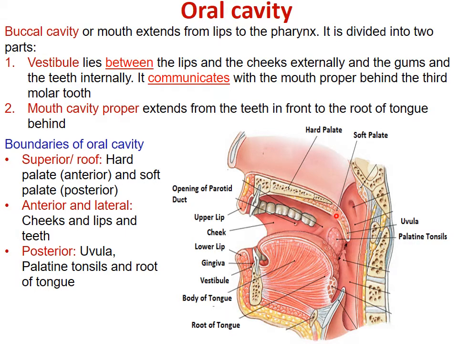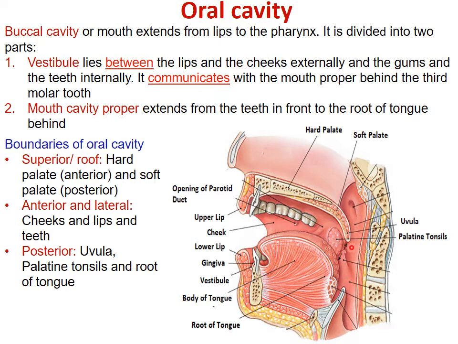Name this structure. This is the soft palate, this gland is the palatine tonsil, the lymphoid tissue, and this structure is the tongue, right? The tongue is a muscular part covered by mucous membrane, and this is the posterior part. So the posterior of the oral cavity proper is bounded by these. Now if you see the soft palate from the front, you'll find the central hanging muscle that is called the uvula.